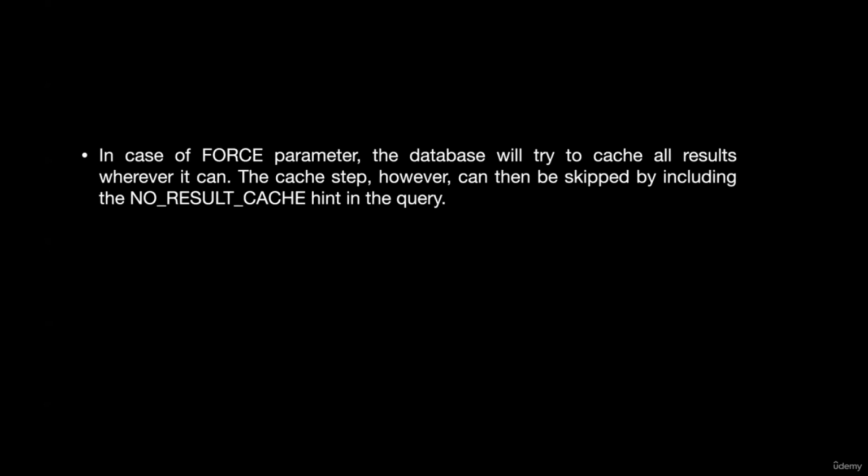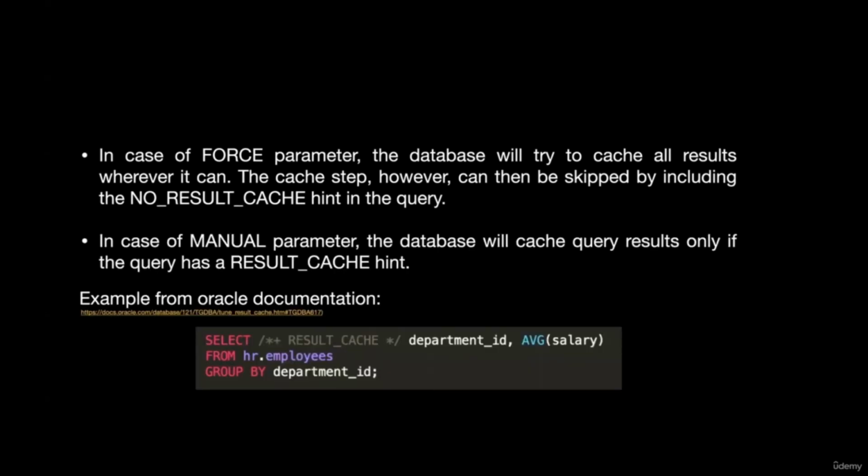In case of the force parameter, the database will try to cache all results wherever it can. The caching step, however, can then be skipped by including the no result cache hint in the query. In case of the manual parameter, the database will cache query results only if the query has a result cache hint.